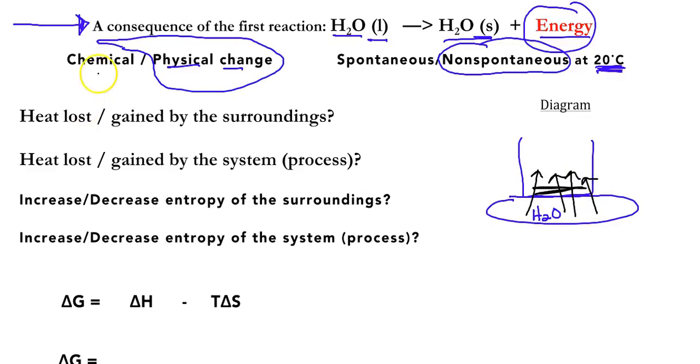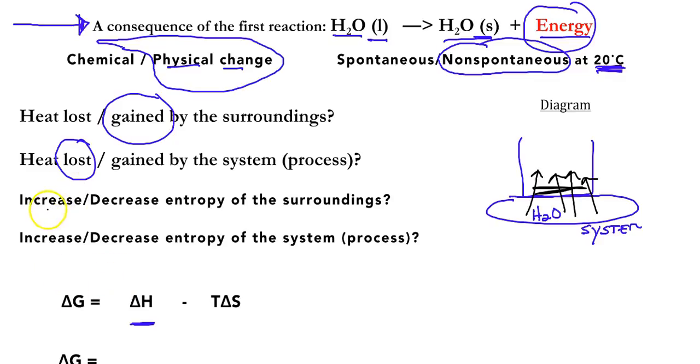So we would say heat is gained by the surroundings. The surroundings are now the beaker. The water is now the system. That's how we have to look at it now. And of course, the heat is lost by the system. So we know that delta H is negative here.